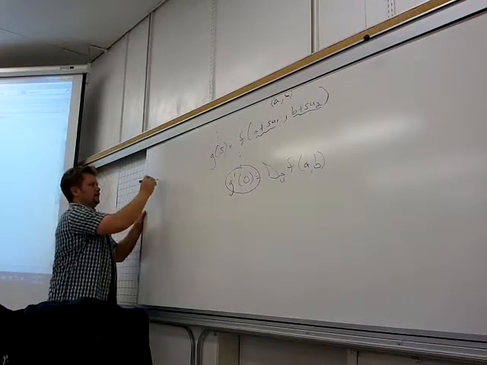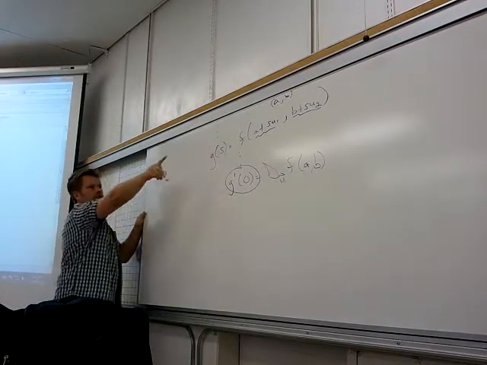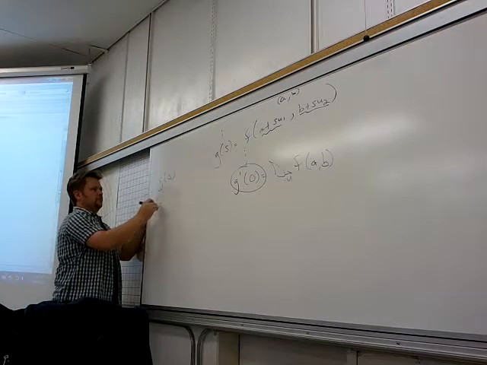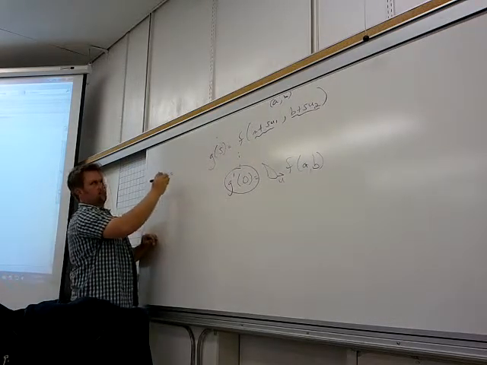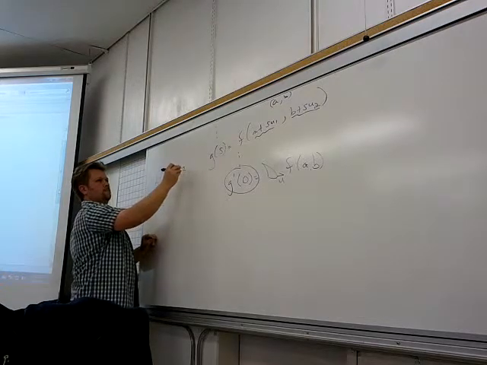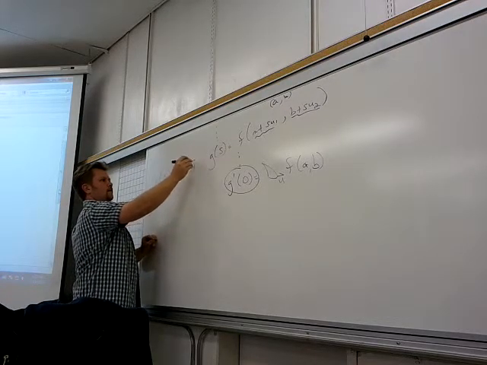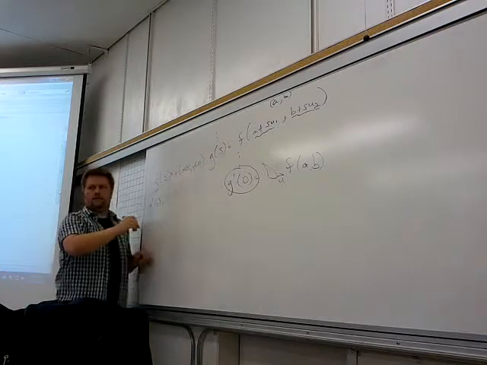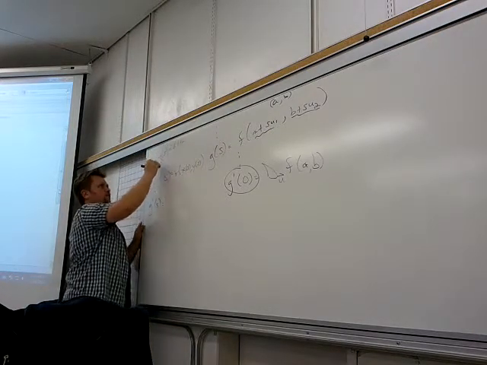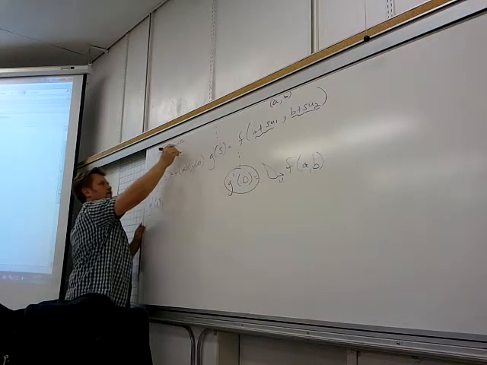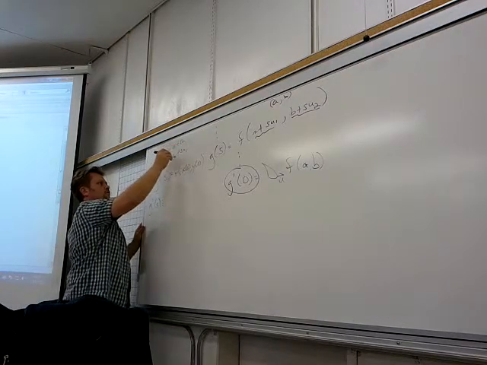So if we look at g(s), what would g prime of s be? Let me write g(s) a little bit quicker here. Like that, where x(s) is a plus s u1, y(s) is b plus s u2.